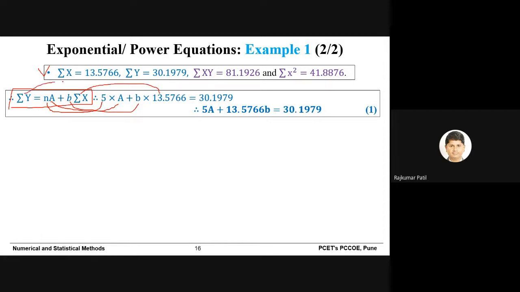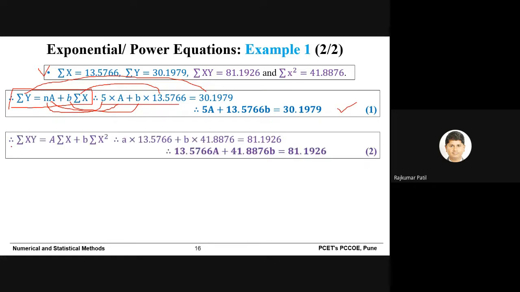Similarly, summation y is 30.1979. So just simplify this equation. Upon simplification, you will get 5a plus 13.5766b equal to 30.1979, and let's call it equation number 1.